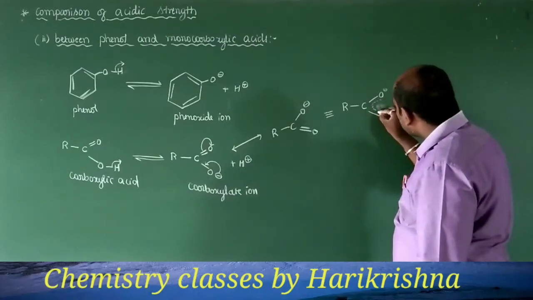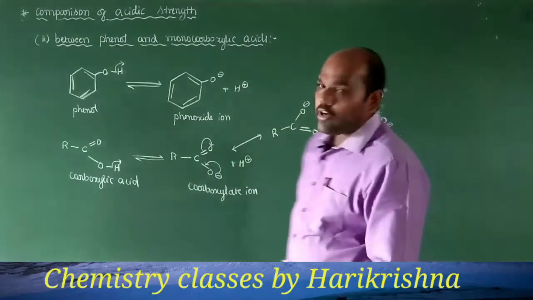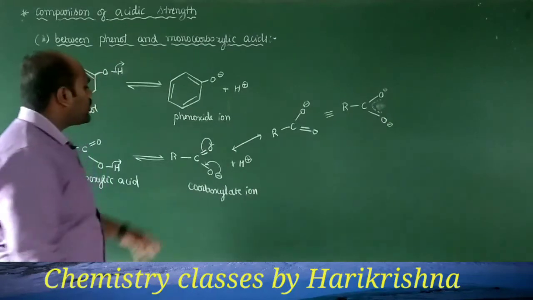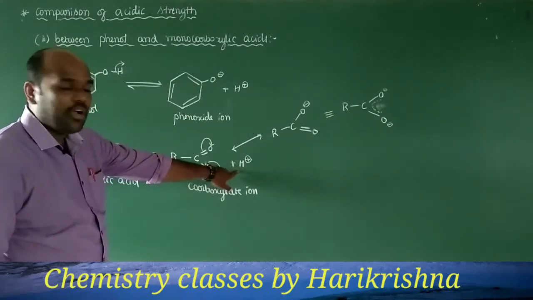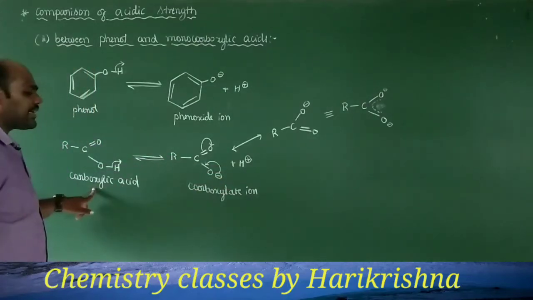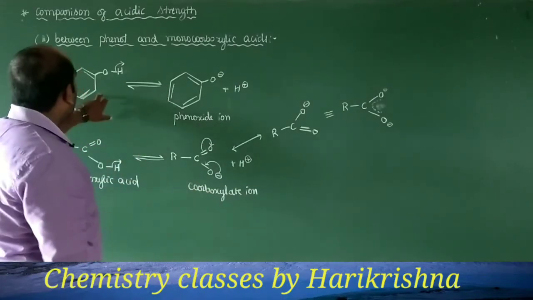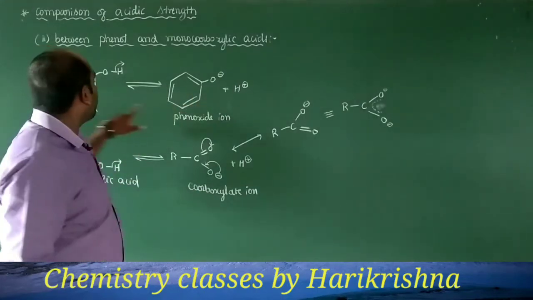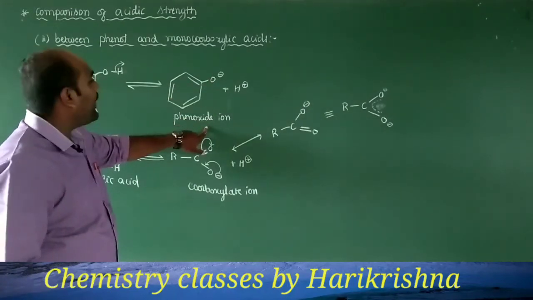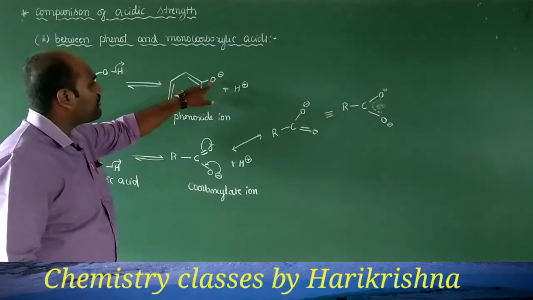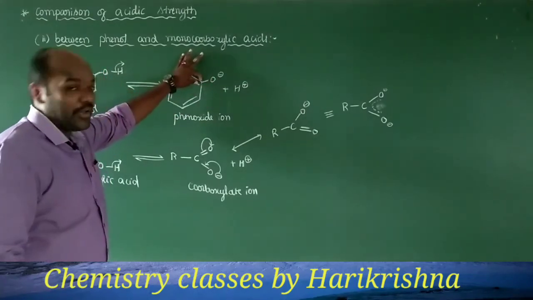So this is the resonance hybrid of these two canonical forms. Because of dispersion of the negative charge between two electronegative oxygen atoms, the expulsion of H plus ion from monocarboxylic acid is faster compared to production of H plus ion from phenol, wherein the formed phenoxide ion makes the dispersion of negative charge between the electronegative oxygen atom and the less electronegative carbon atom.